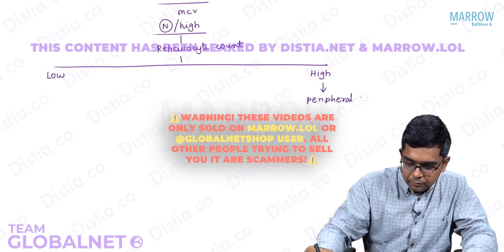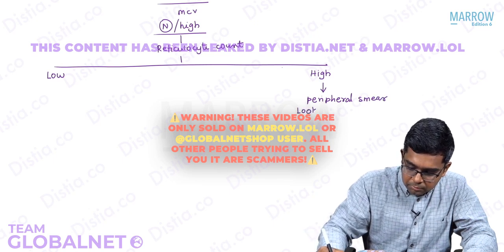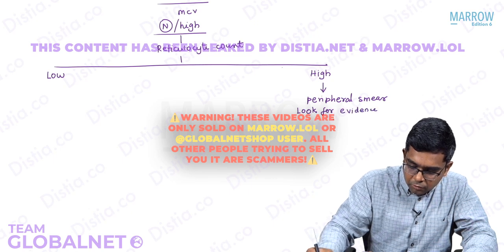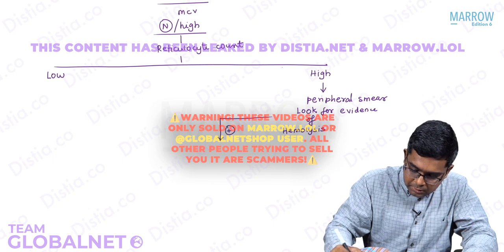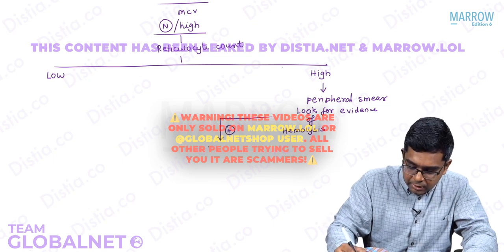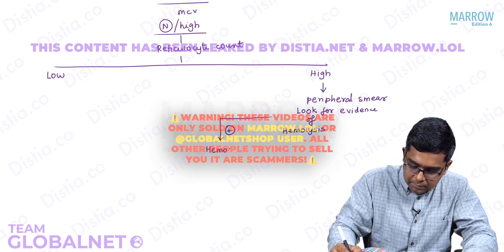In the peripheral smear, I am going to look for evidence of hemolysis. If hemolysis is present, then definitely I have to think and evaluate in terms of hemolytic anemias.